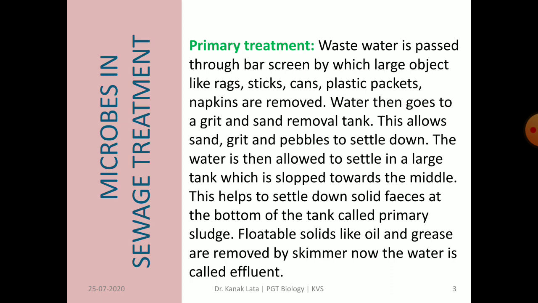Let us know about primary treatment. It is very simple. In primary treatment, sewage, that is liquid waste, is passed through a bar screen. There is one screen made up of iron bars, as a result of which large objects like rags, sticks, cans, plastic packets, napkins, etc. are removed, because they are large in size.